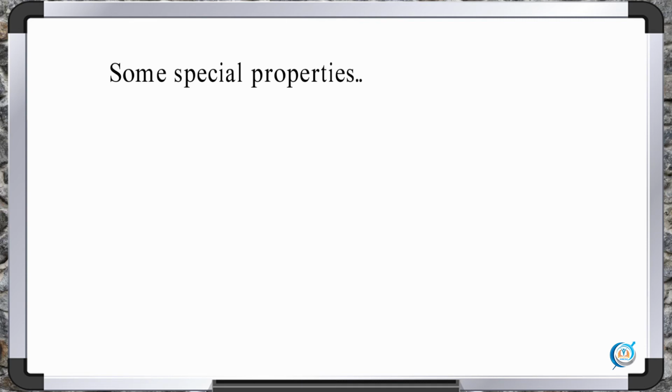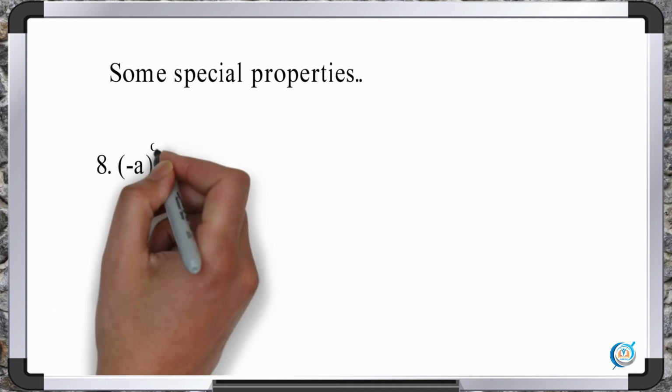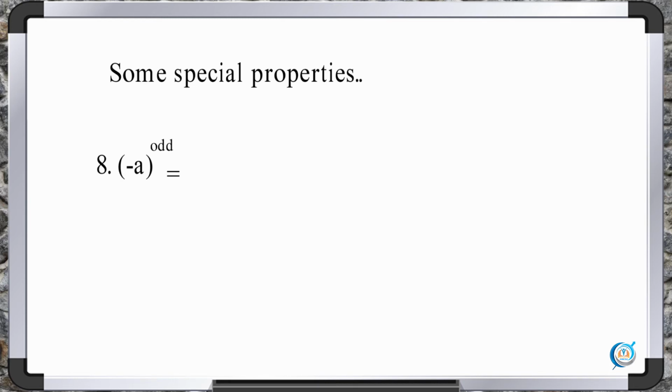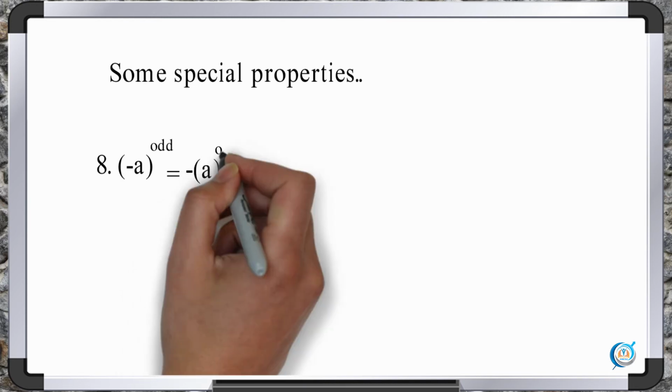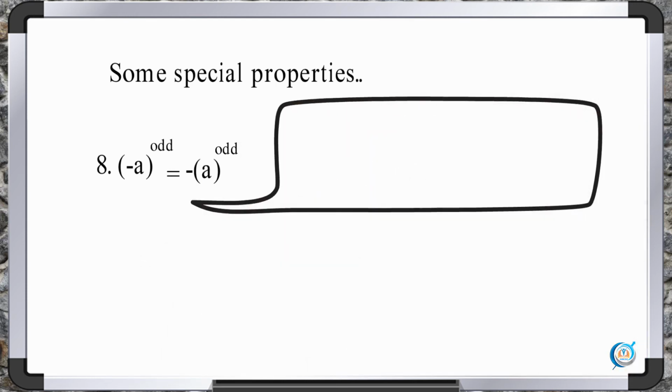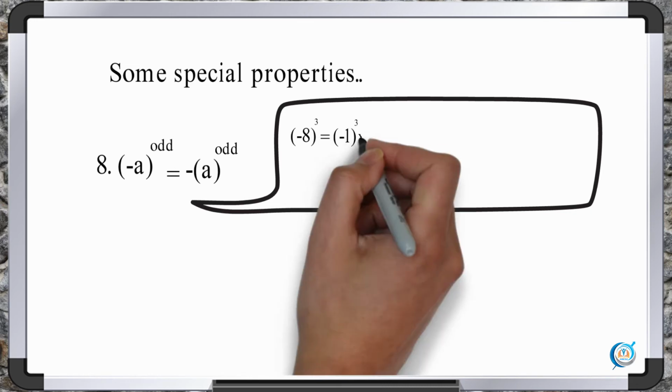Next property, if the base is a negative number and the power is an odd number, that is (minus a) power odd, will be equal to minus of a power odd. Let me explain with an example. So here minus 8 power 3 is taken. Minus 8 we can write separately as minus 1 into 8.